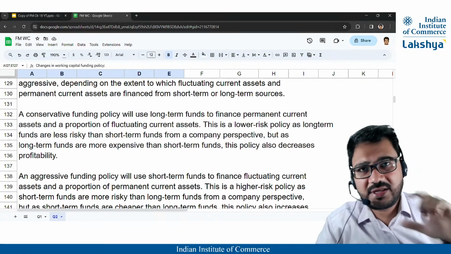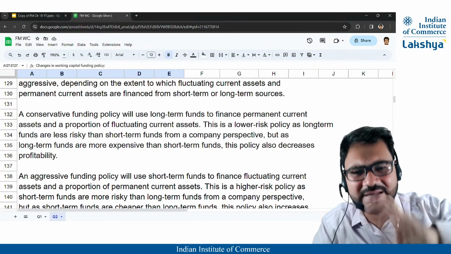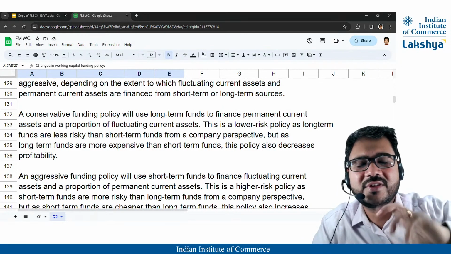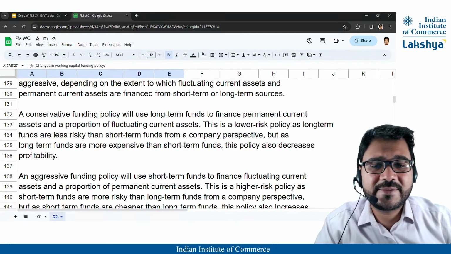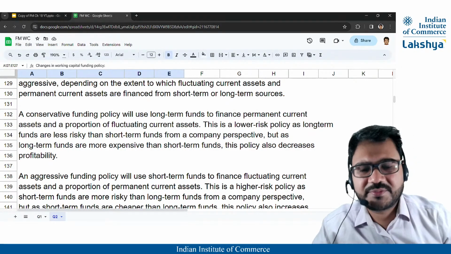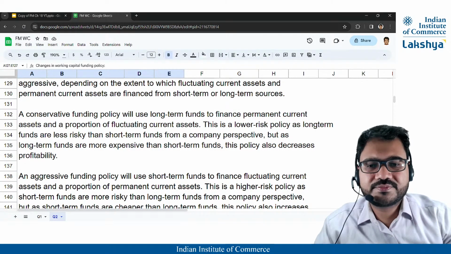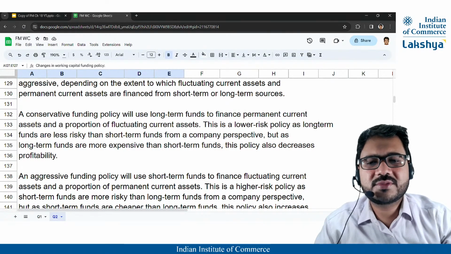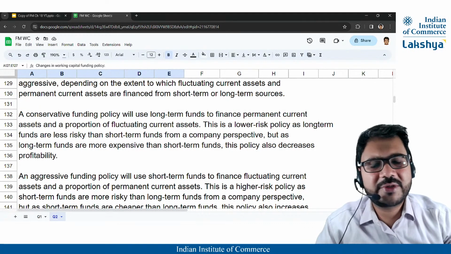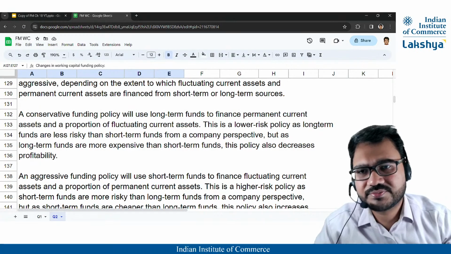So you are taking more risk. In the sense, you are being more aggressive. Why are you being more aggressive? In what sense? You are chasing profitability. Let me give you one example. Say labor. Now, a certain amount of labor would be permanent, a certain amount of labor would be fluctuating.